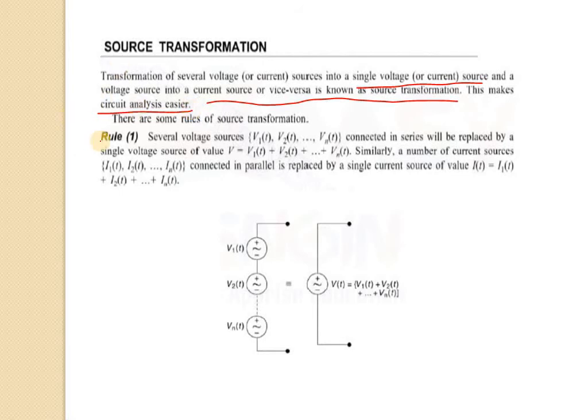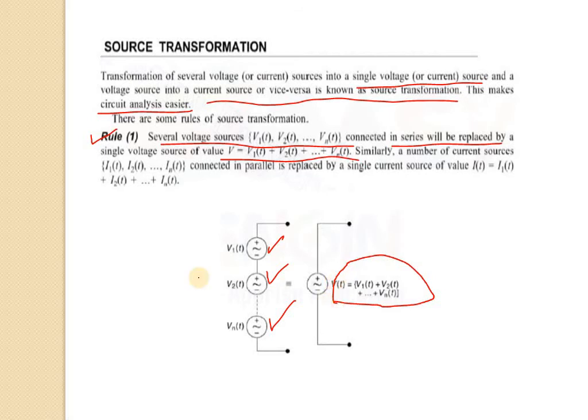So the first rule, rule 1: several voltage sources V1, V2 up to Vn, if connected in series, can be replaced by a single voltage source V, which is the summation V1 plus V2 plus V3 up to Vn. That means if multiple voltage sources are present in series, we can sum those voltage sources to a single voltage source.